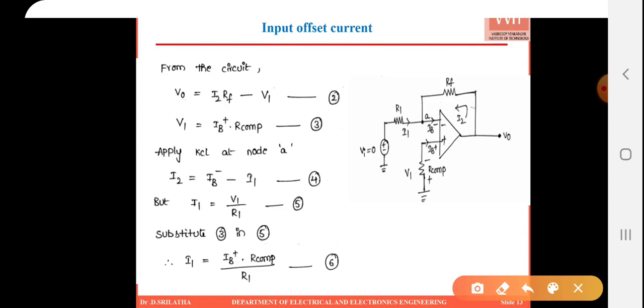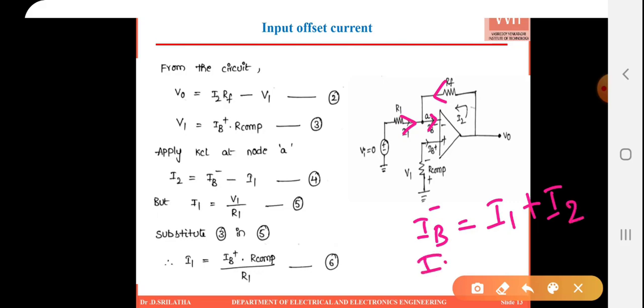The two input currents are I1 plus I2. So IB minus is equal to the sum of the two input currents I1 and I2. From this we can write I2, the feedback current, is equal to IB minus minus I1. That's what we have written, from equation 4.